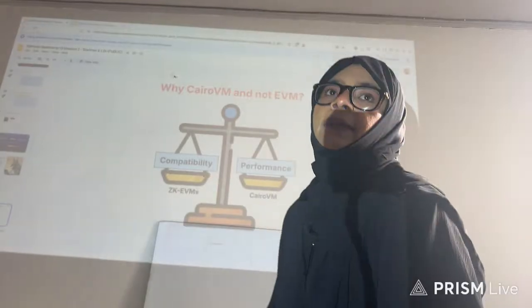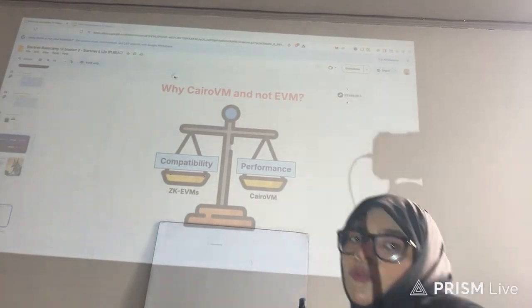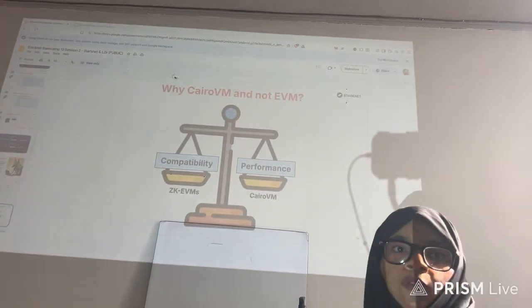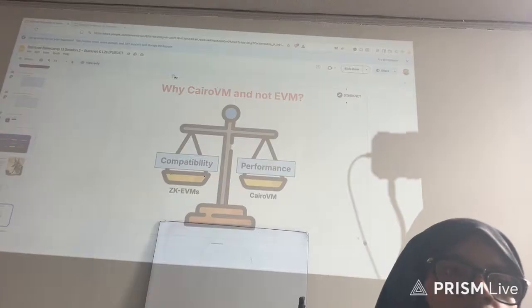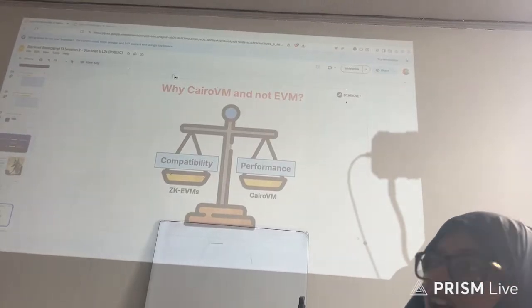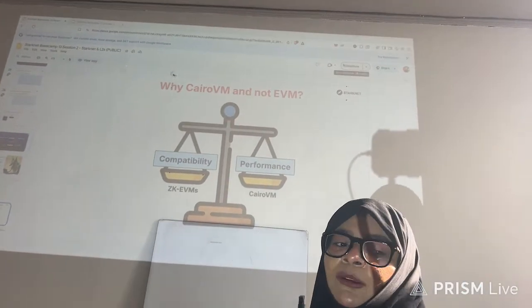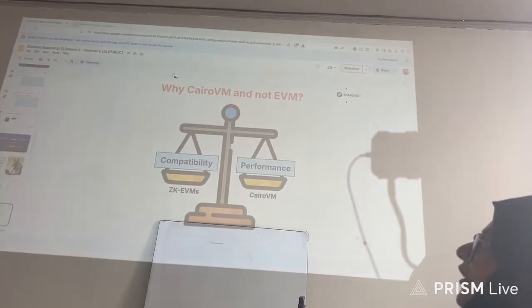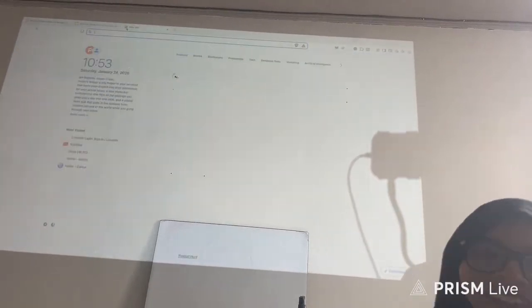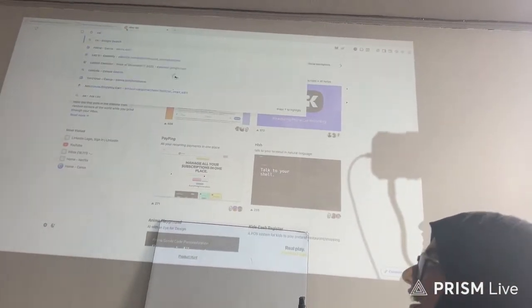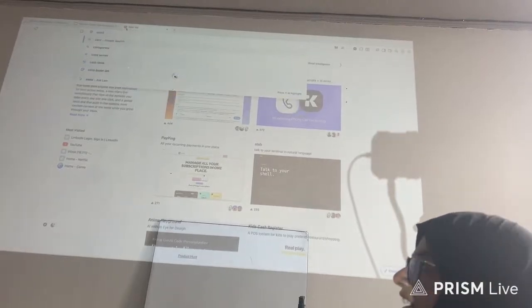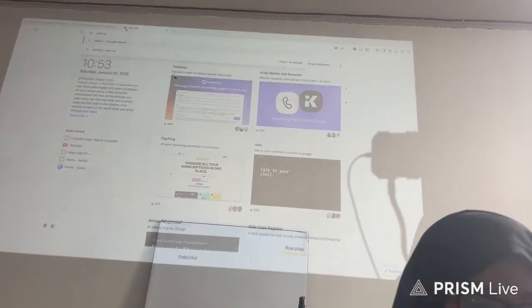So was Cairo originally invented for Ethereum? No. It was invented for Stark. Where did Cairo originate? I heard that Cairo is one of Ethereum's forks. But now you're saying Cairo inside Stark.